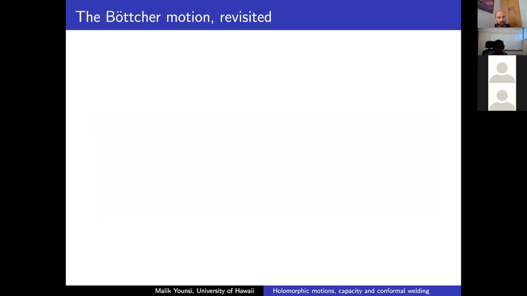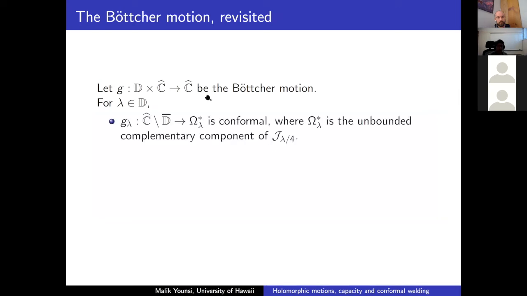Okay, so now let's see what this tells us about the Böttcher motion. Recall that the Böttcher motion has the following property. If you take lambda in the disk, then the map G lambda is conformal outside of the closed unit disk, and it maps the outside of the closed unit disk conformally onto the unbounded complementary component of this quasicircle Julia set.